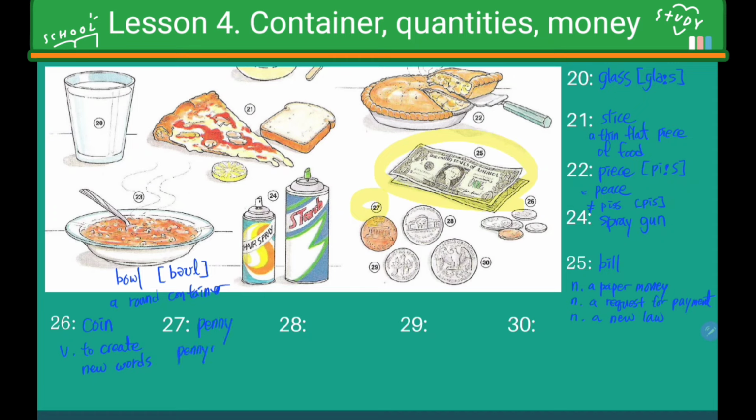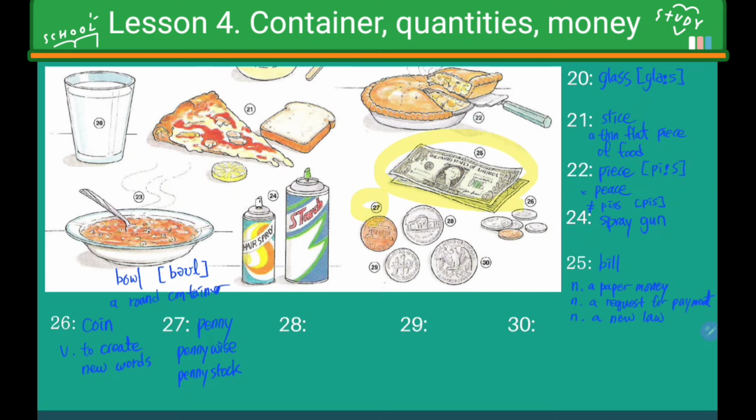So my grandma was a pennywise person, and she didn't spend a lot of money on other people. And we also use the term penny stock to refer to stocks that are under $1.